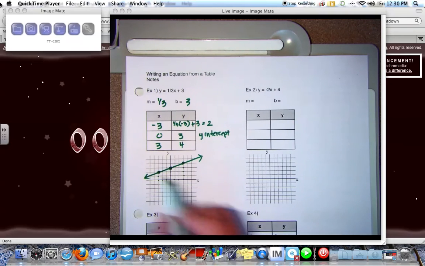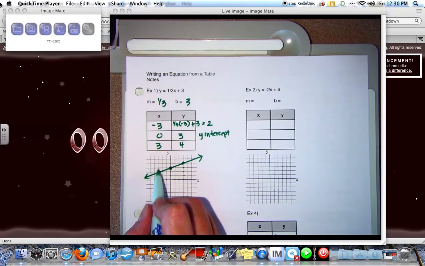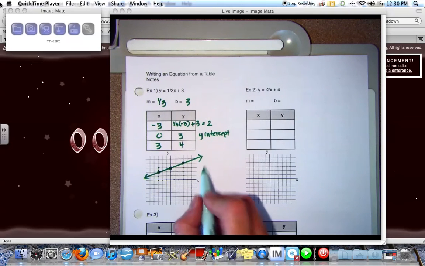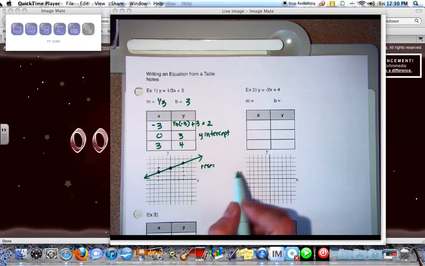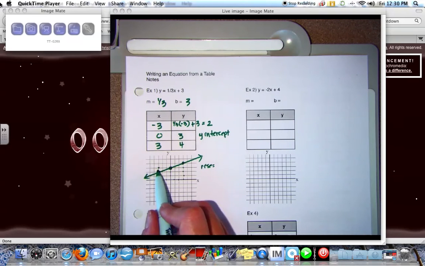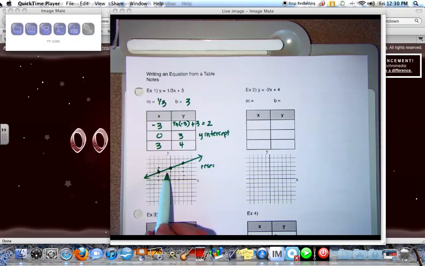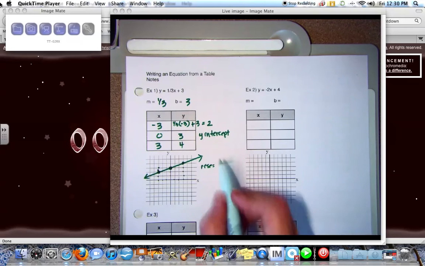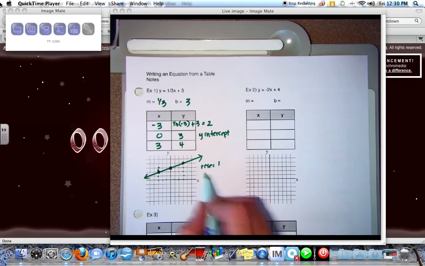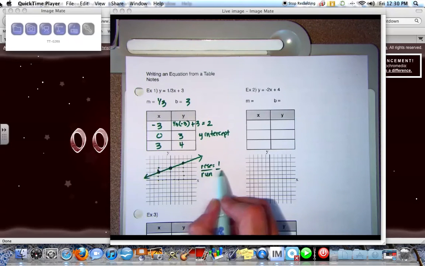What is my rise from this point on the left to the point on the right? Look at this point on the left to this point on the right. What's my rise? 1. What's my run? 3.